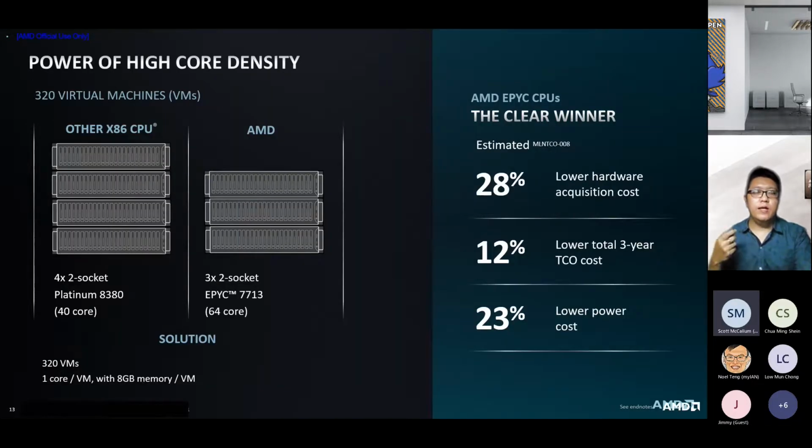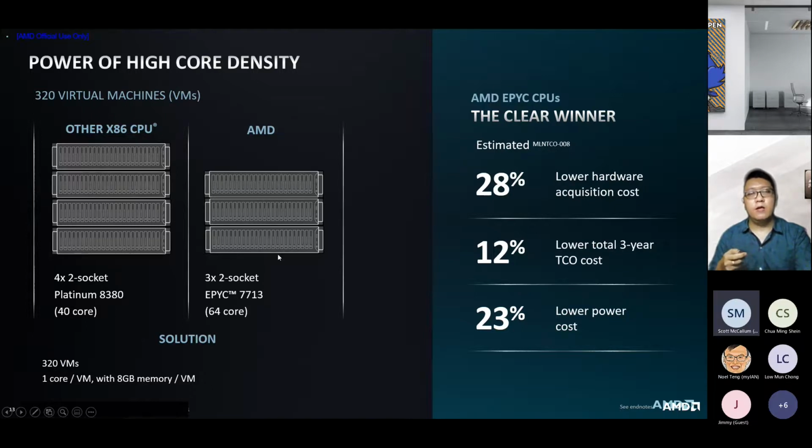And if you look here, when we compare with the competition today, with the AMD EPYC software platform, we can get a benefit: the competition needs 4 servers, 2 sockets with 40 cores, but with AMD EPYC we only need 3 servers, 2 sockets, and 64 cores.